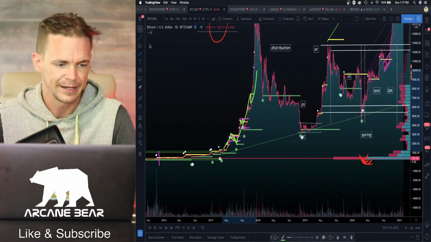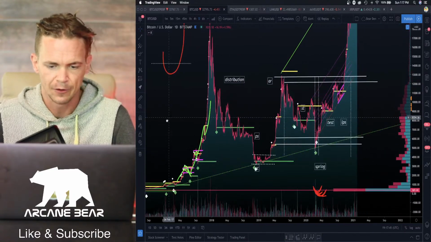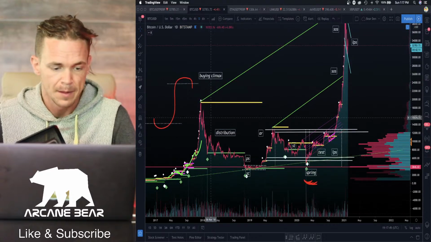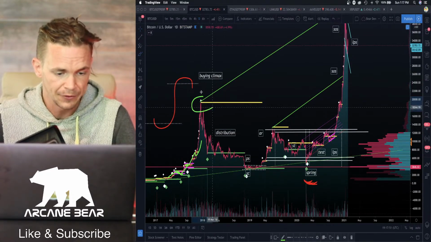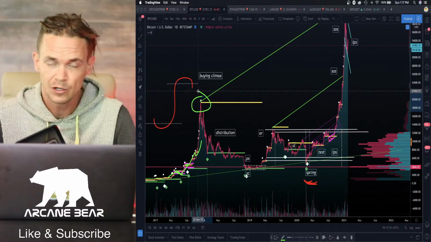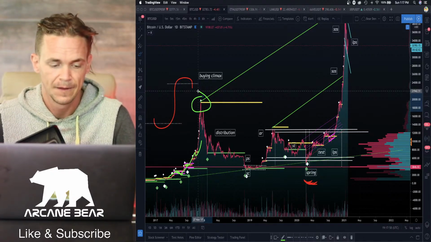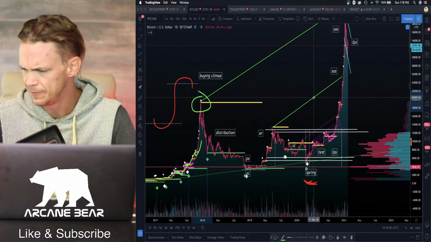The last thing you want to do is get shaken out because someone is telling you it's bearish when we're nowhere near the top. Bearish and distribution patterns are way up here, which may be equivalent to $280,000 in Bitcoin later this year. So don't get scared out of your positions yet if you're new to this ecosystem.